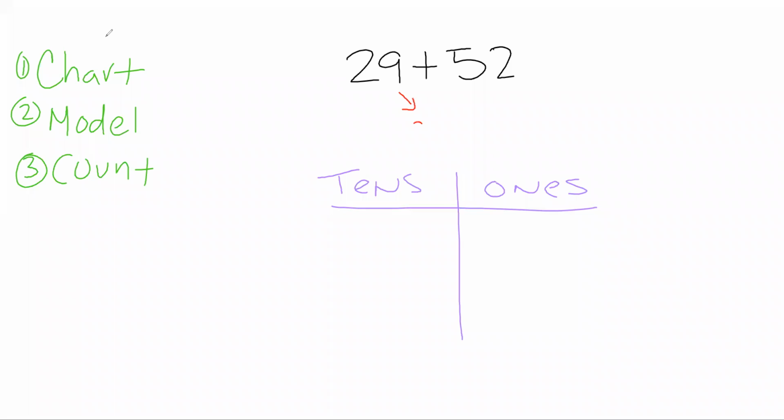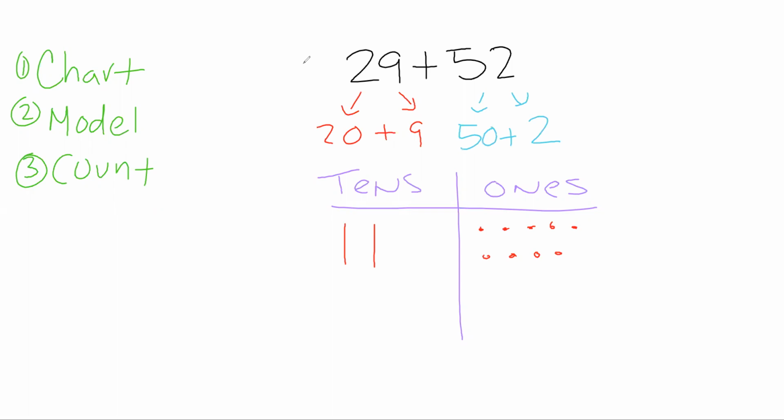Okay, so that's 9 ones plus 20 or 2 tens. So 1, 2, 3, 4, 5, 6, 7, 8, 9, and then 10, 20. All right, and we're gonna do 2 ones plus 50 or 5 groups of 10.